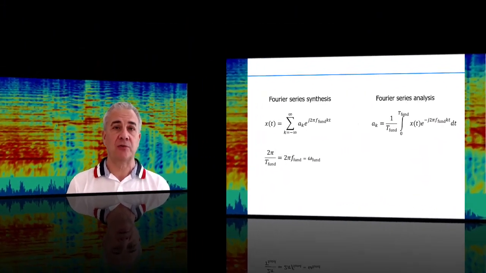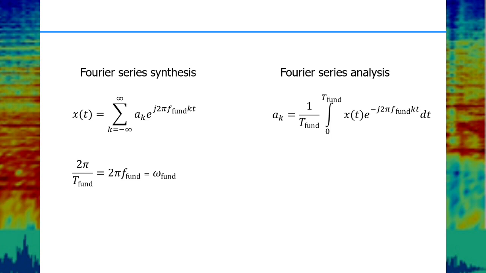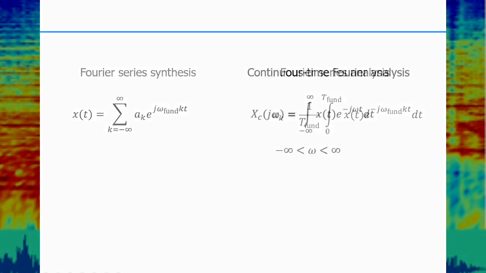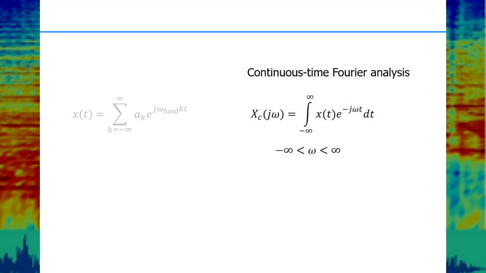Here is the formulation of the Fourier synthesis and analysis expressed in Hertz frequency and radial frequency. First, for non-periodic signals, we can also say that the fundamental period is infinite. If we put that in the analysis expression, the integration boundaries change, simultaneously absorbing the 1 over T fundamental, to minus infinity and infinity.